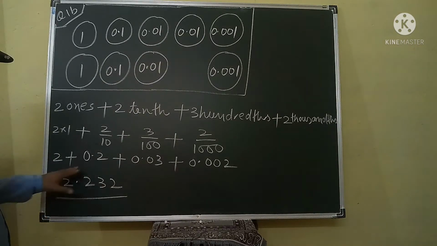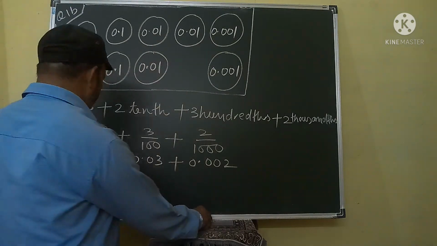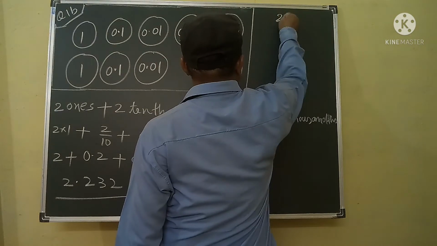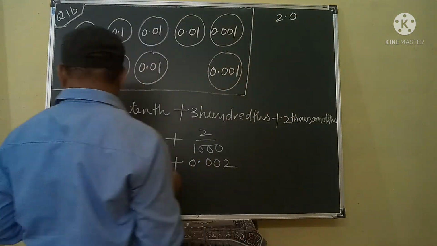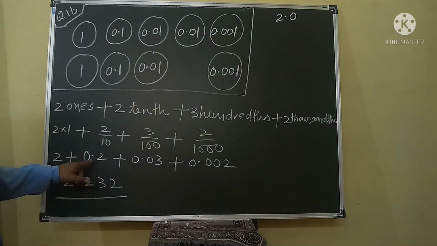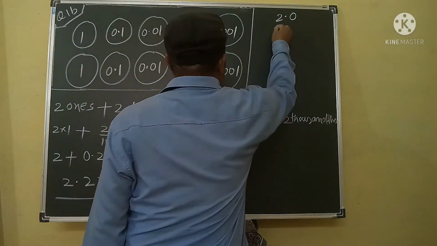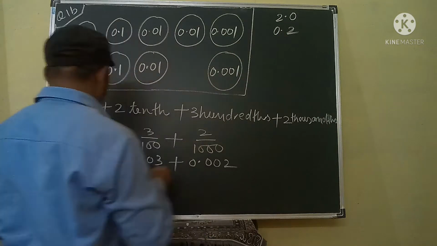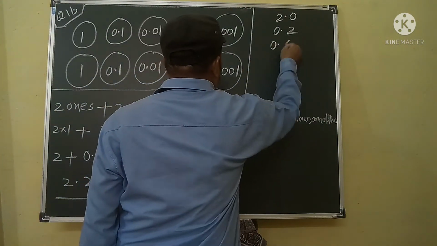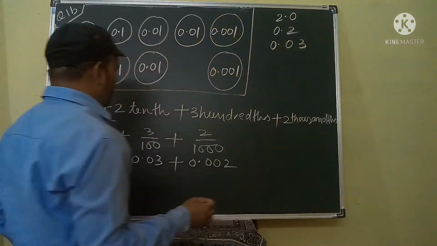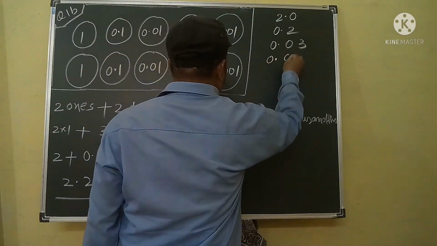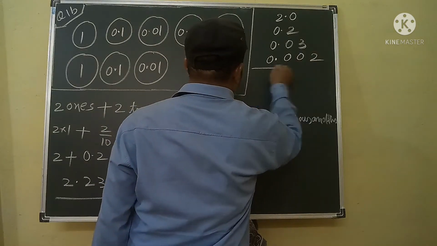Okay, how will we add these numbers? Now look here, this is 2, so we can write here 2.0, then 0.2, then 0.03, then 0.002.